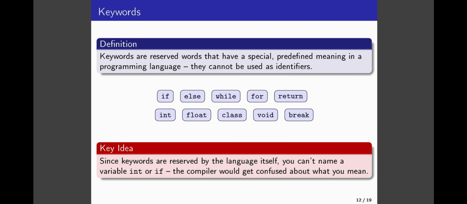Then we have keywords. Sorry, in the last slide I said we had previously discussed this. Vaguely we discussed it, now we are discussing it deeply. While identifiers are names we choose ourselves, keywords are the opposite. They are the names the language has already claimed for itself. Keywords are reserved words that have a special predefined meaning in a programming language, and they cannot be used as identifiers. Some common examples: if, else, while, for, return, int, float, class. All these things you have been constantly seeing while writing program code.